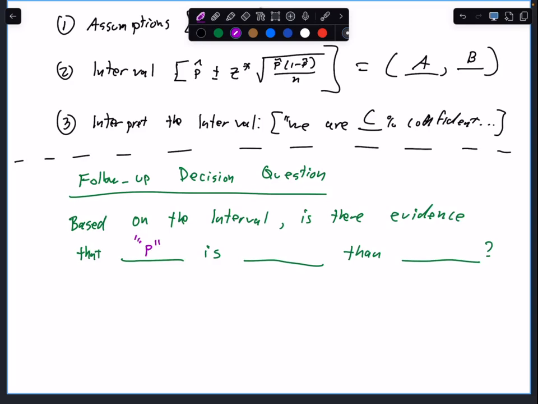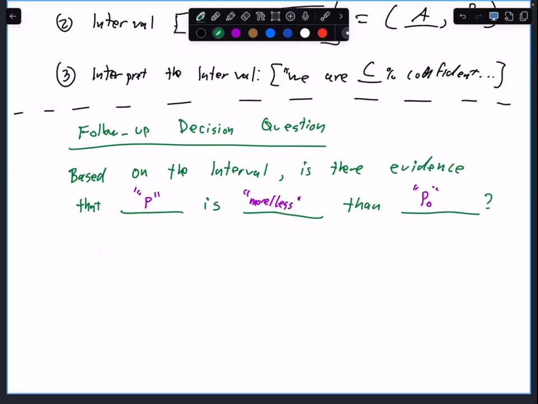Is there information that the true proportion is more or less than some p naught? I know p naught looks a little bit weird, and this is the first time you're seeing it. p naught is what we call a hypothesized proportion. So is it more or less than some hypothesized proportion?